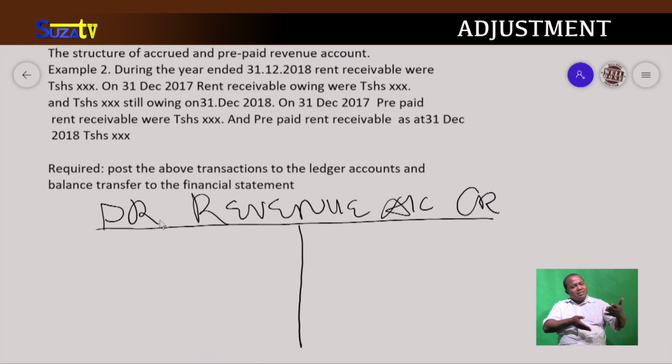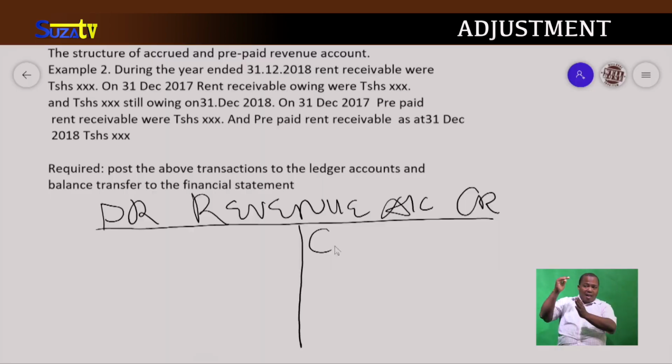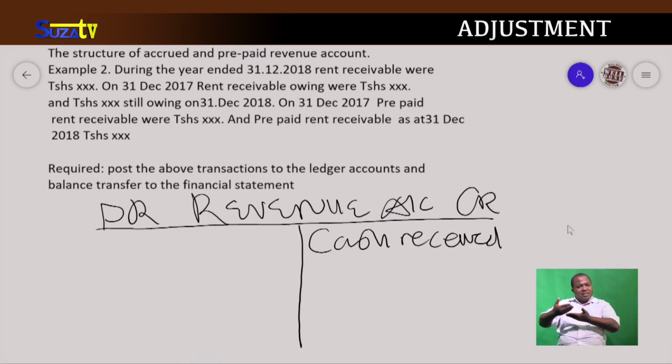Remember that all revenue should have a credit balance, and when you receive a revenue, it should be recorded at a credit side. Here you put cash received shillings X. It means what?